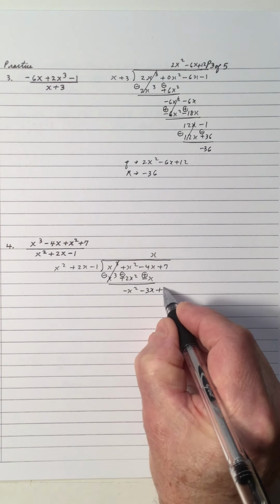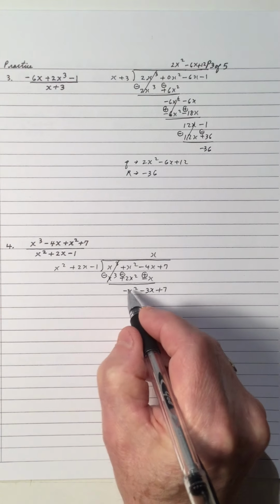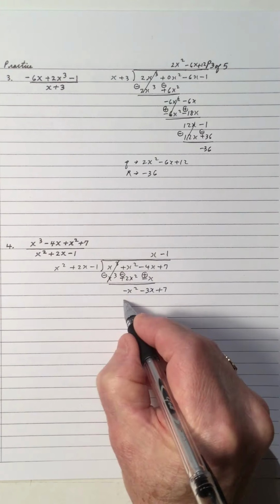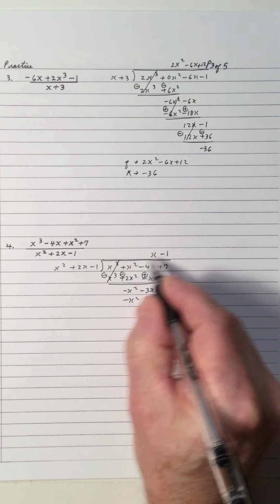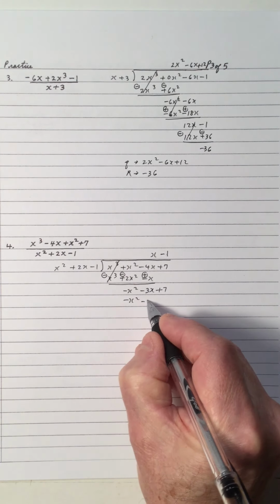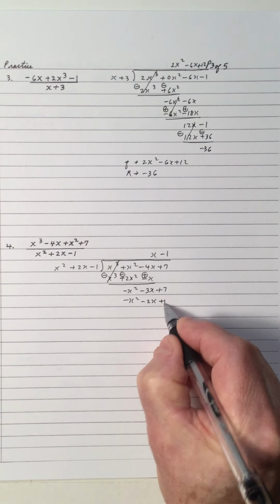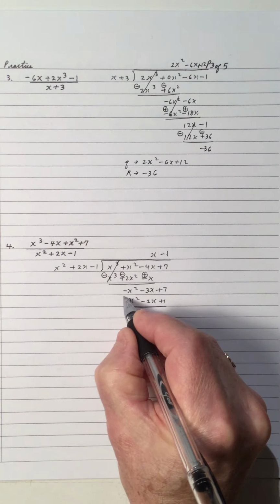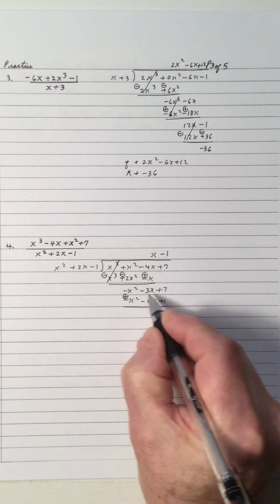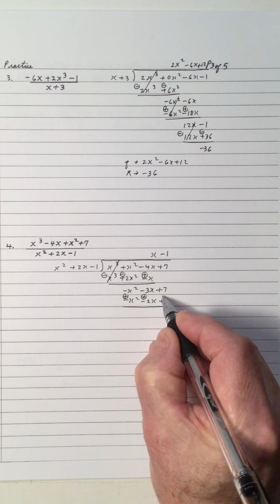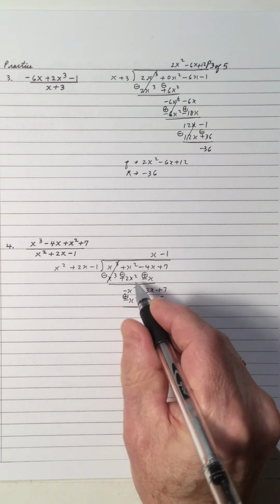Bring down your next term. X squared into negative x squared is negative 1. Multiply back. Negative x squared, negative 1 times 2x, negative 2x, negative 1 times negative 1 is plus 1. And we make this a plus, make this a plus, and make that a minus.